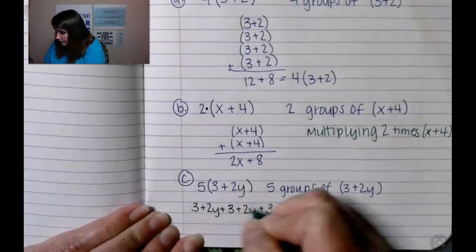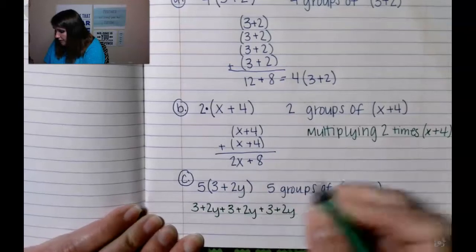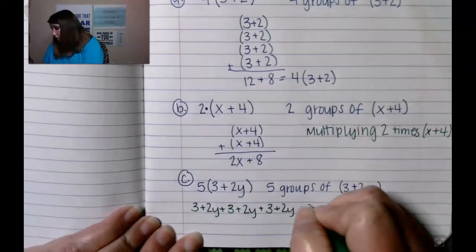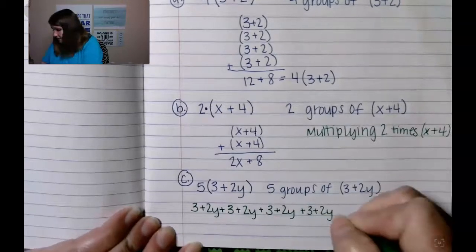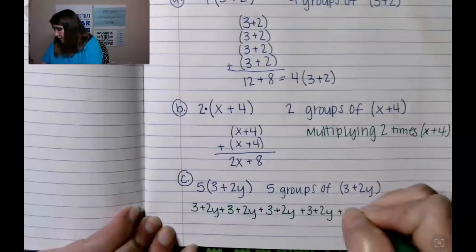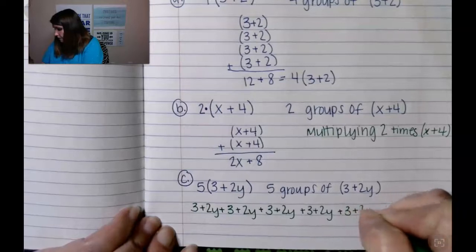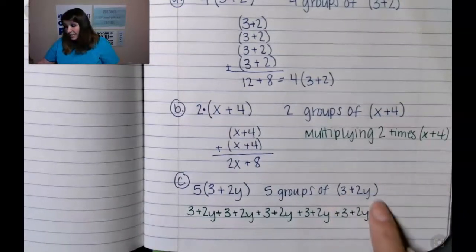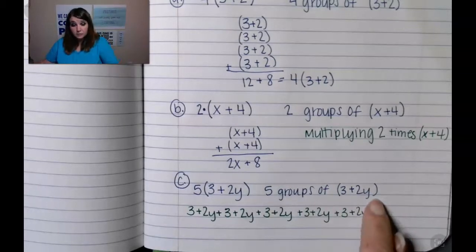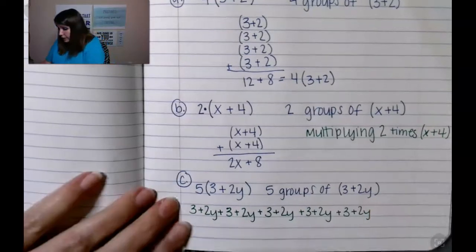So there's 1 set, 2 sets, 3 sets, plus 3 plus 2y 4 times. And here's another one, 5 times. So I have written this expression 5 different times. Now I have to combine the like terms. Are you ready? Let's do it.